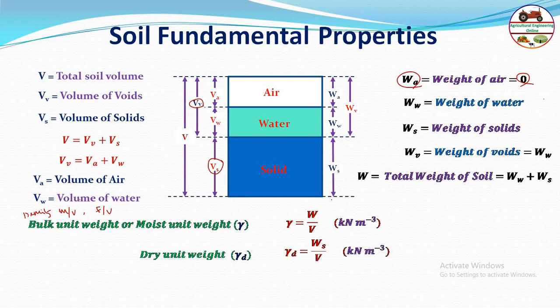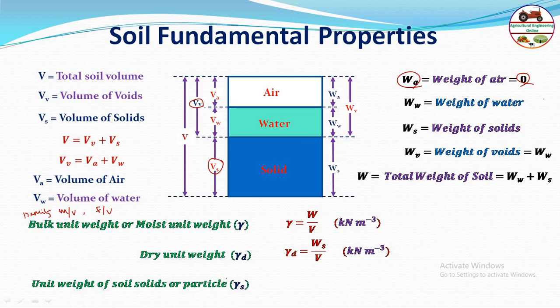In this case, gamma D, or dry unit weight, will be equal to Ws, the total weight of the solid, divided by the volume. This is the difference between bulk unit weight and dry unit weight. Dry unit weight will be lower than the bulk unit weight because the weight will be less.